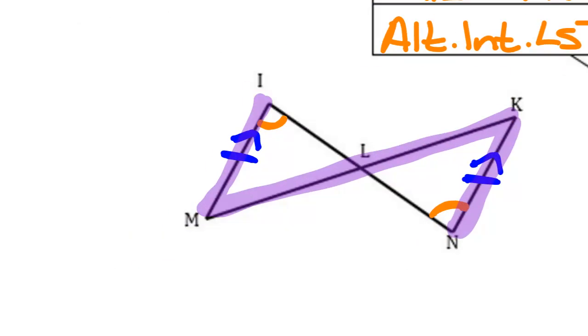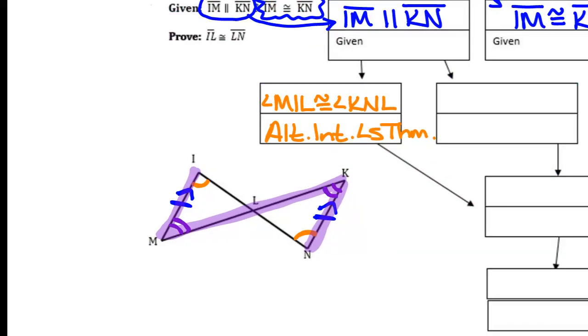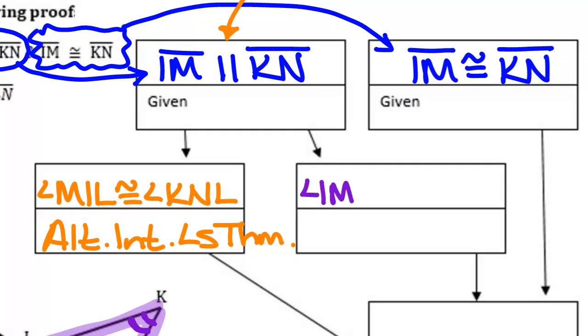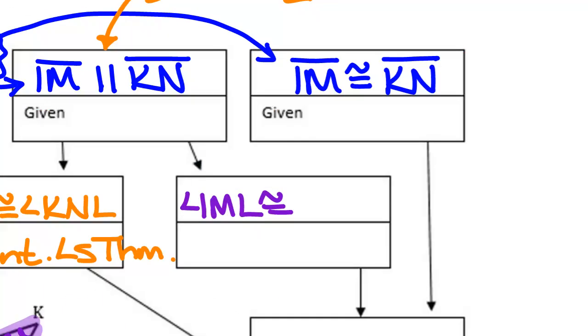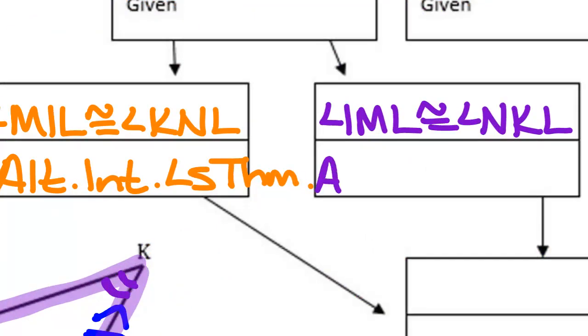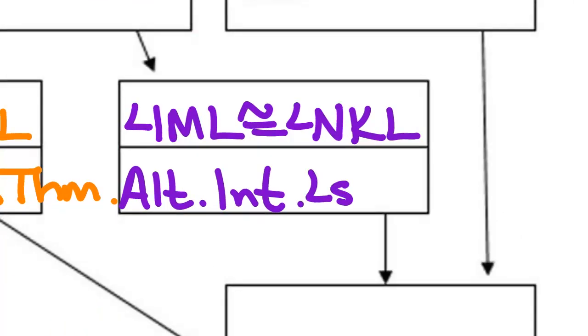And if that's the case, which I can do because it's connecting my two parallel lines with a transversal, then I have this angle down by M and this angle up by K. So angle IML is congruent to angle NKL. For the same reason that my orange angles were congruent. It's still parallel lines. I still drew a Z to find it. So this would be the alternate interior angles theorem.